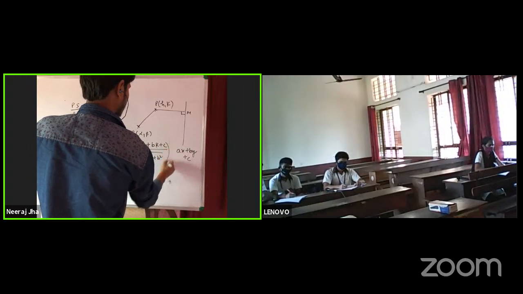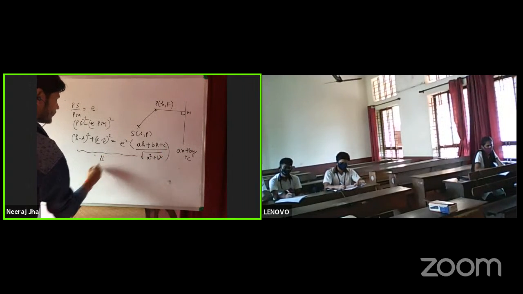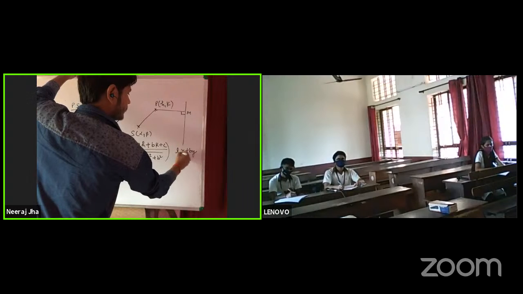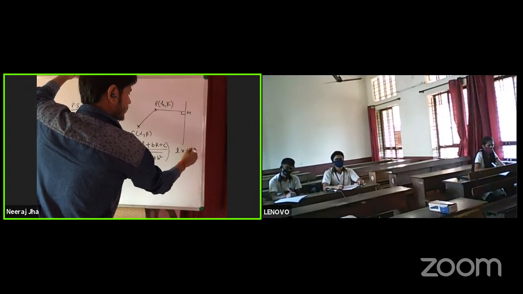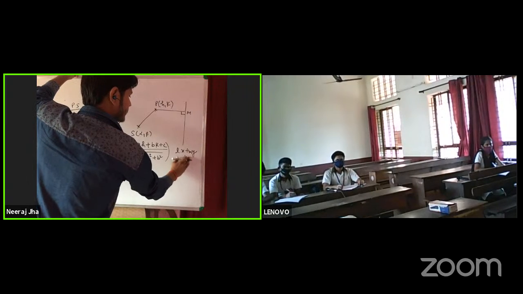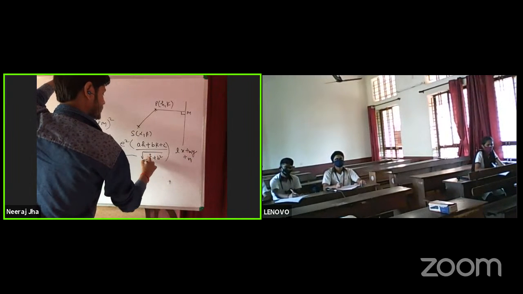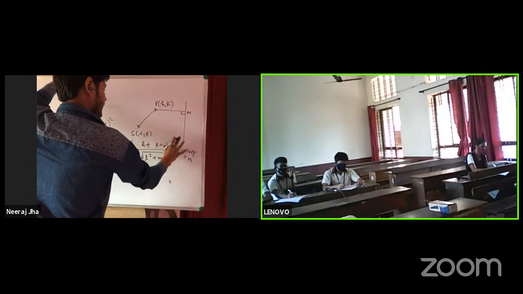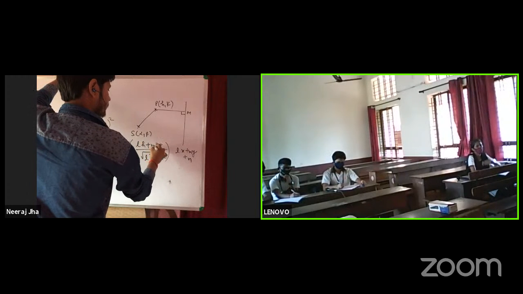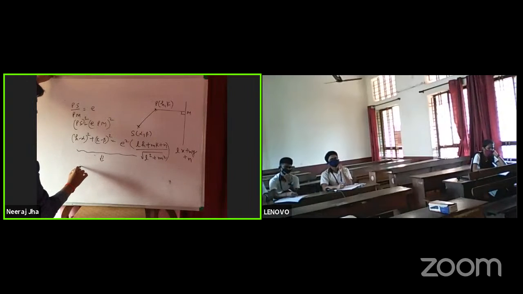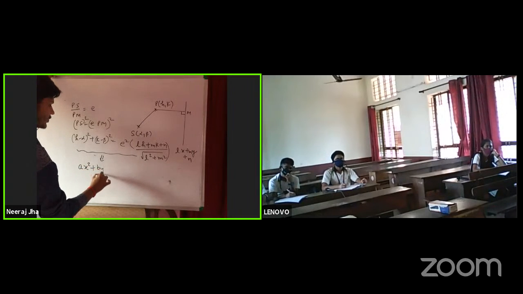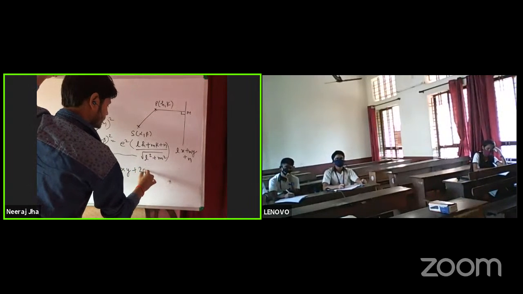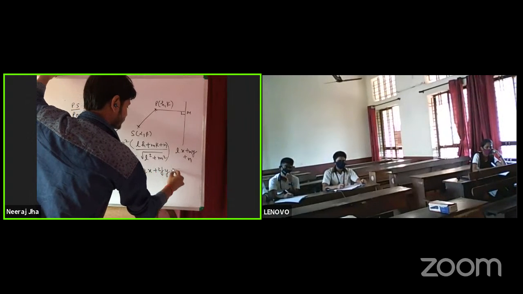This will be the equation, and the final equation will come out to be ax squared + by squared + 2hxy + 2gx + 2fy + c = 0.